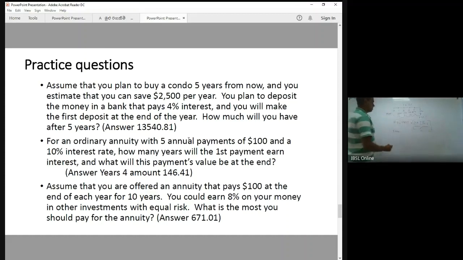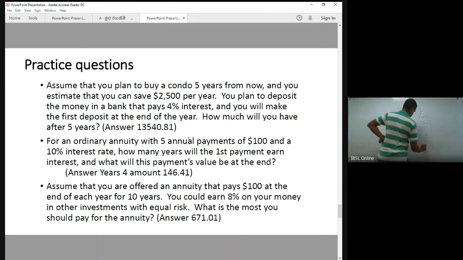Using the same formula, future value will be $100 annual payment, 1 plus interest rate of 10%. N is 5, power 5 minus 1 over 10%.